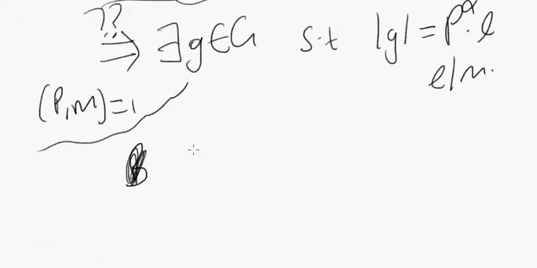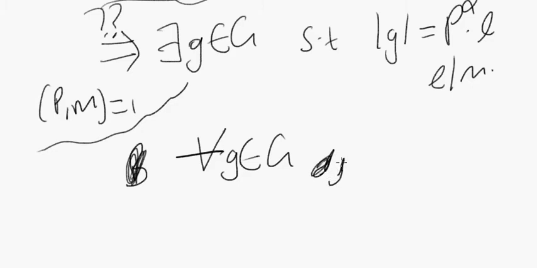That means that for all little g in G, it is true that the order of g never equals p to the alpha times L. That is, the power of p is always something less than alpha.